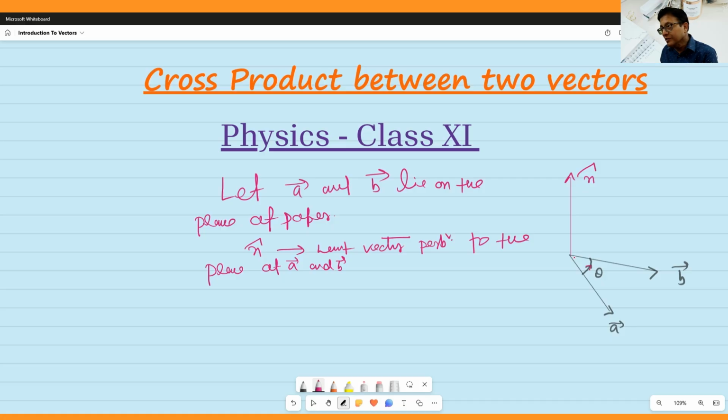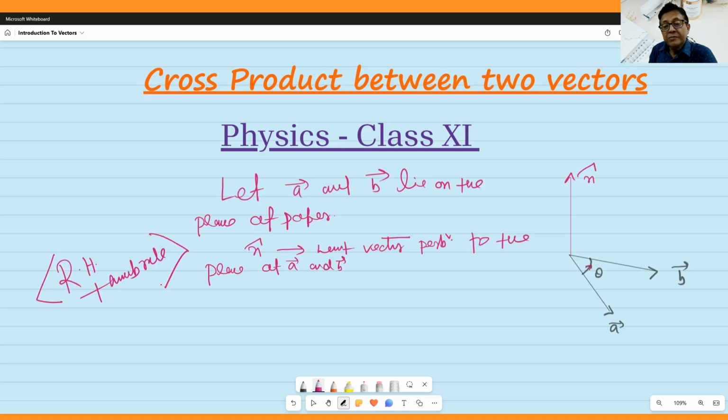Then a proper definition is possible. So this is A, this is B, and this is our n cap vector. A to B, fingers of the right hand curled. Then n cap is in what direction? Along the direction of the thumb. That's why this has another name, called the right hand thumb rule.